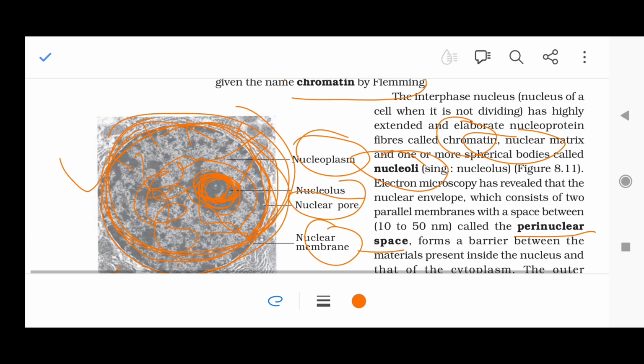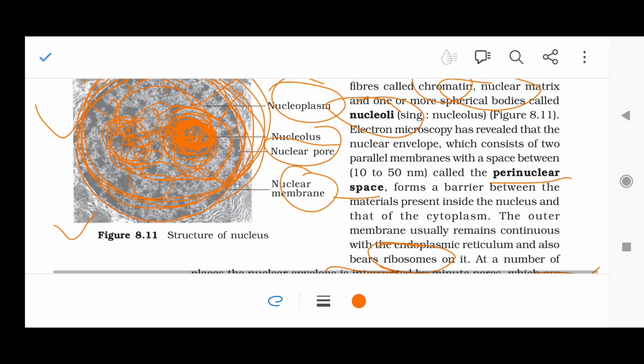In this image, this is the nucleolus, and this matrix is nucleoplasm. So there is a continuity between the nucleolus and nucleoplasm.